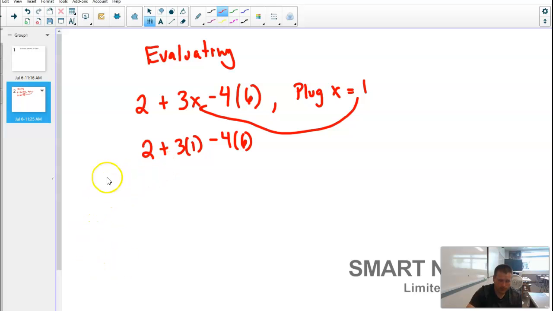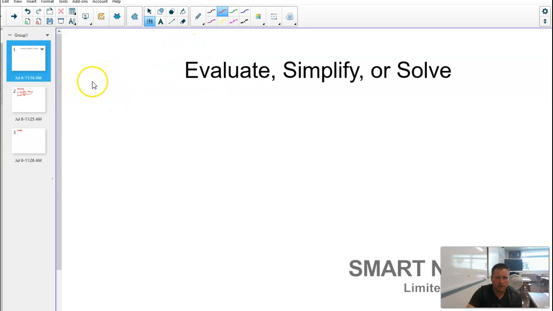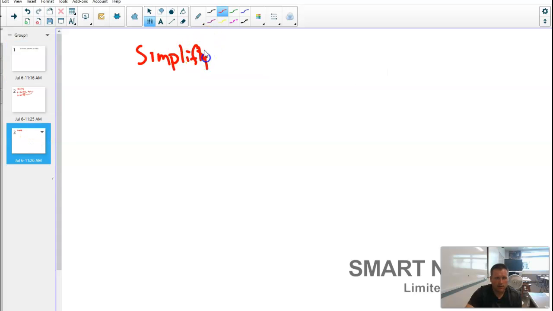Okay? Simplifying. So if I'm simplifying something, all I want to do is combine like terms.